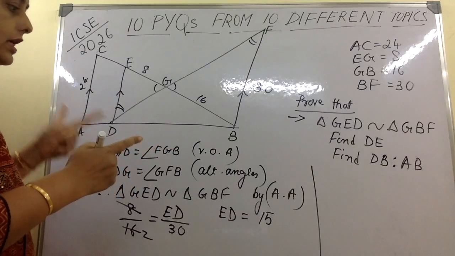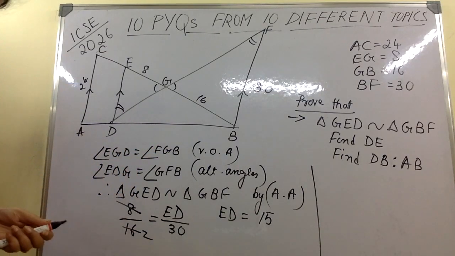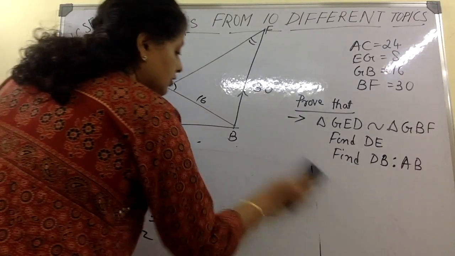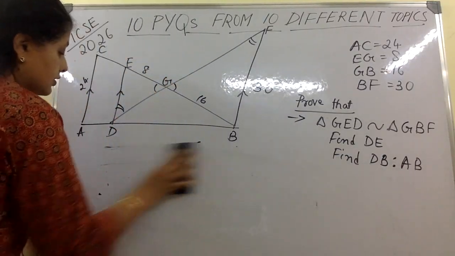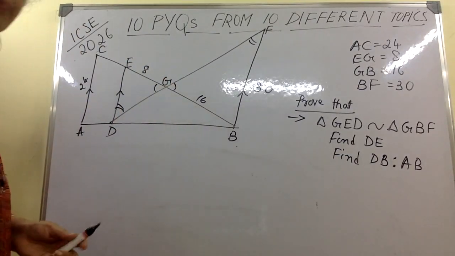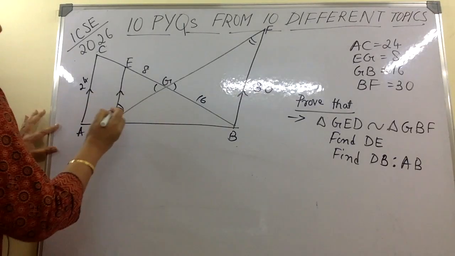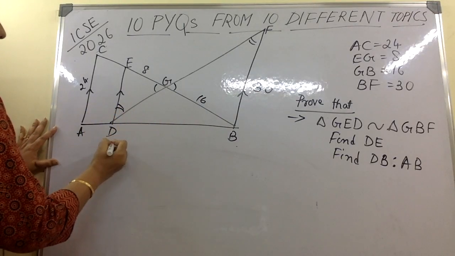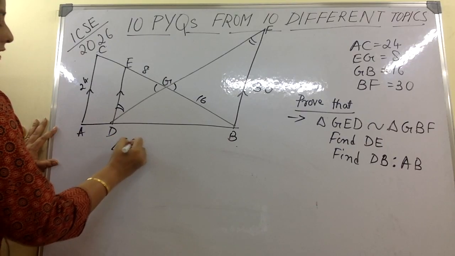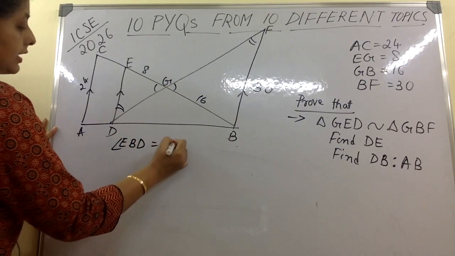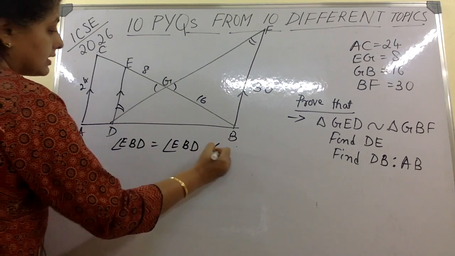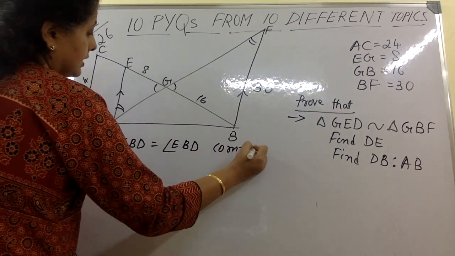So we'll again prove similarity between those two triangles. Okay, so how do we prove similarity? Angle EBD is equal to angle EBD. That's common.